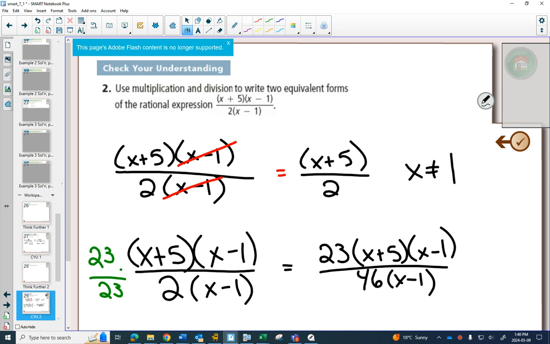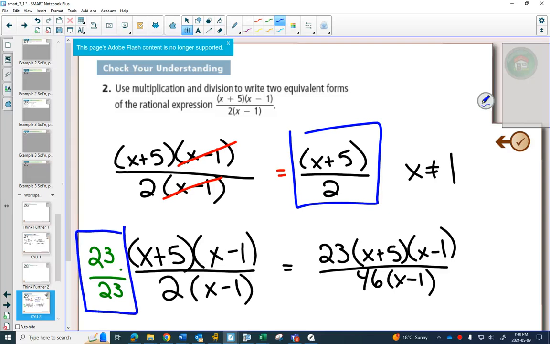Okay? What is our goal going to be probably in this course? Our goal is going to be the simplest form, because when things are simplified, they're easier to work with. This question is just saying, if you wanted to, you could make a whole bunch of different equivalent ones. The key is you are always allowed to multiply by 1.